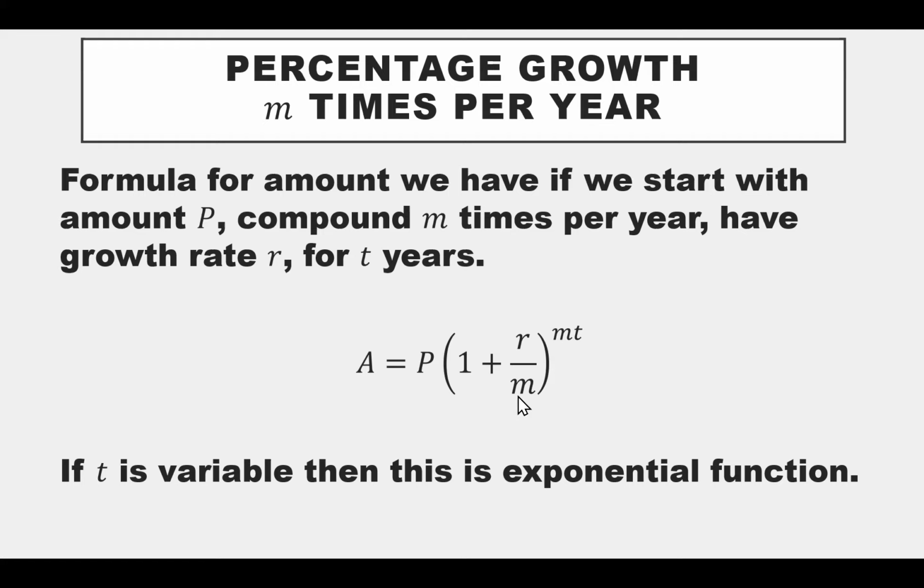That shows up in the denominator here and also in the exponent. And then T is the number of years we are going to observe that type of growth. So if we have percentage growth compounded M times per year, we end up with this formula, which is just an exponential function.